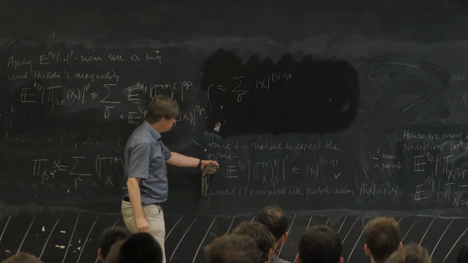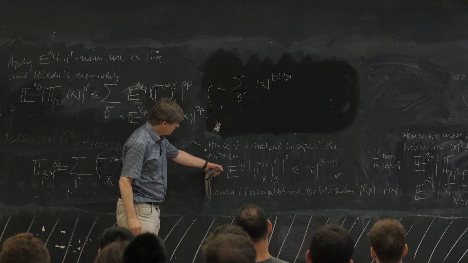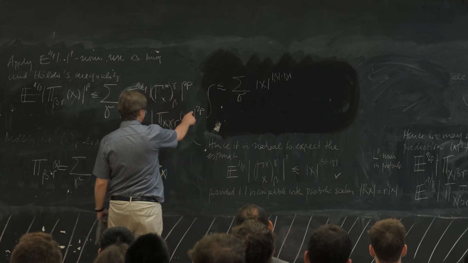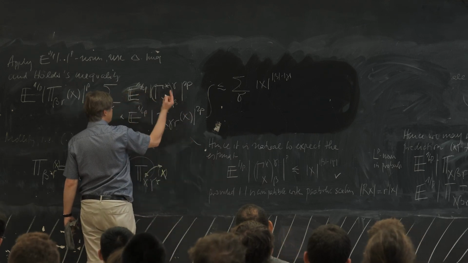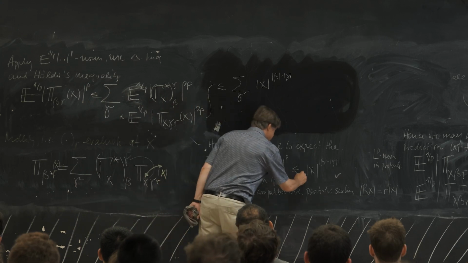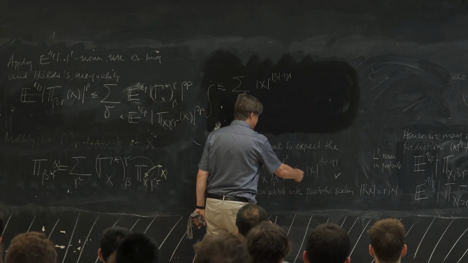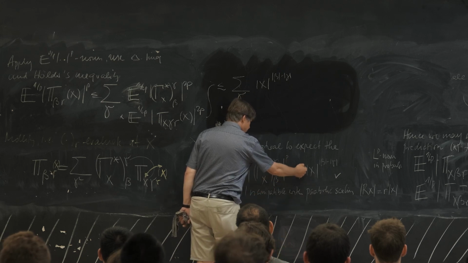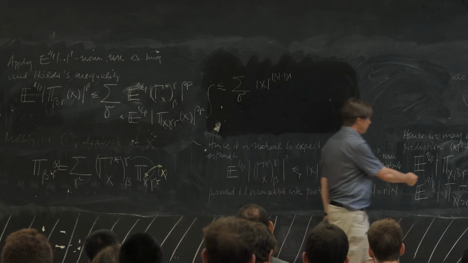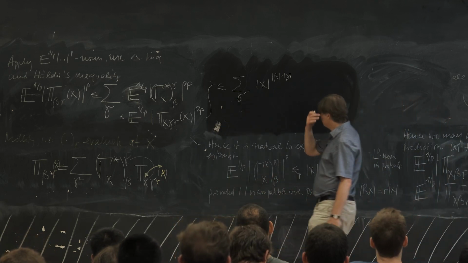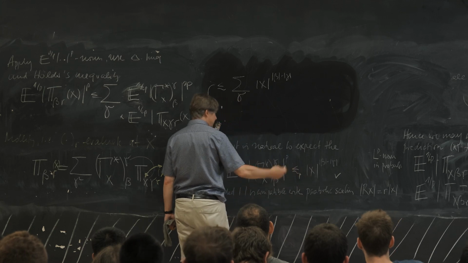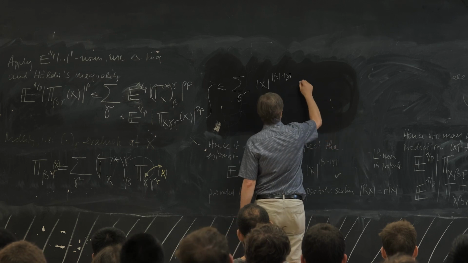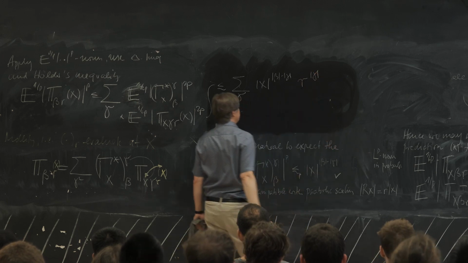Now you see that it's important that I'm thinking of these estimates as being true for all p. Because now suddenly I have to use this estimate with p replaced by 2p. And of course, that will show up in the constant. The constant will become larger. But since we don't care how the constants depend on p, I can be very sloppy here and just write it down. So we get r to the power gamma, right?